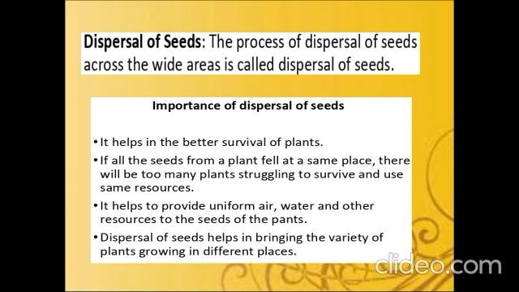If all the seeds from a plant fell at the same place, there would be too many plants struggling to survive and using the same resources. It helps to provide uniform air, water and other resources. Dispersal of seeds helps in bringing a variety of plants growing in different places. So these are the importance of dispersal of seeds.